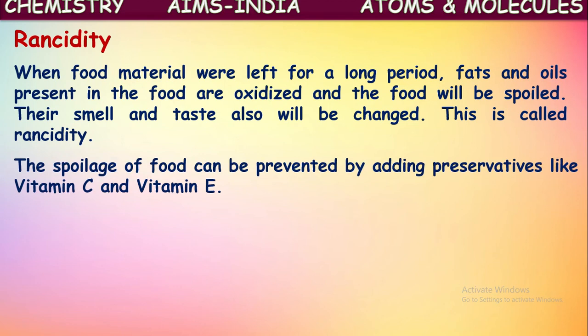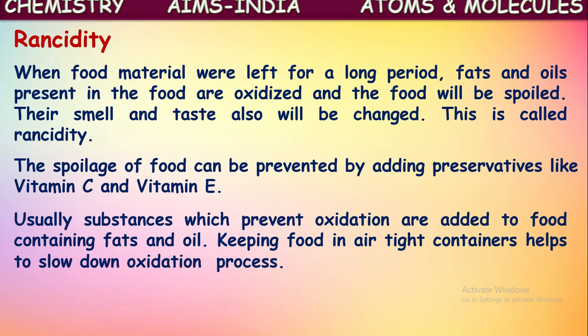The spoilage of food can be prevented by adding certain preservatives like vitamin C, vitamin E, etc. So to avoid rancidity in food materials, often they add these preservatives like vitamin C, vitamin E, etc. Usually, substances which prevent oxidation are added to food containing fats and oils.